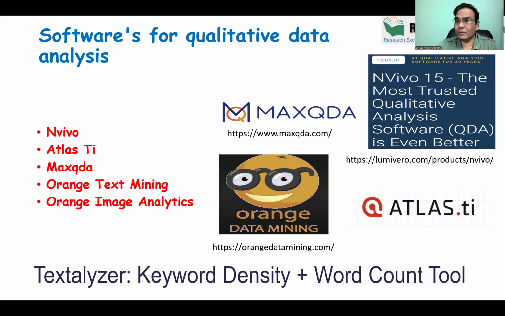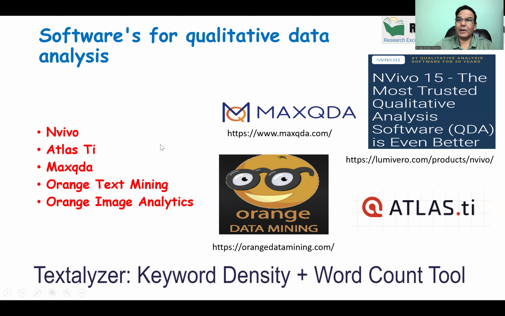So this image embedding is an algorithm which converts the images into micro level pixels and into number data, so that you can do all mathematical operations on it. So these five softwares I found are good for qualitative research methods or analyzing qualitative data.